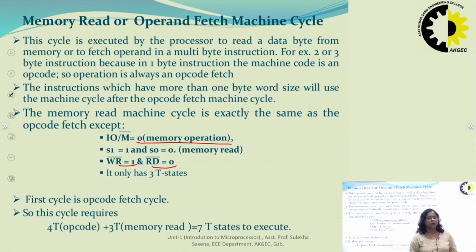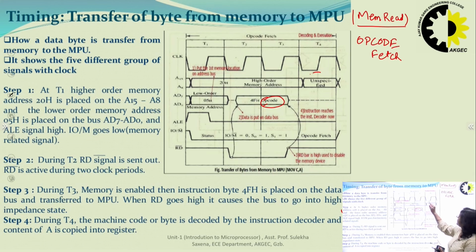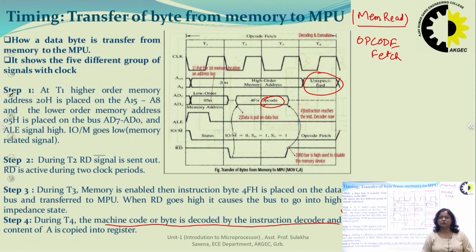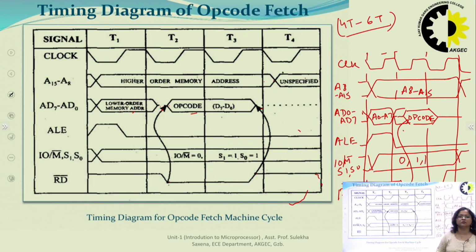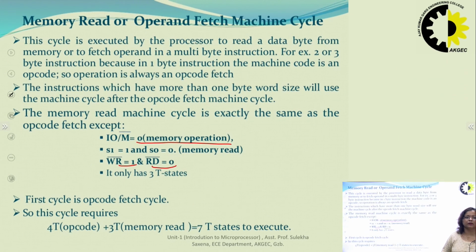The T4 machine cycle, which is there in opcode fetch, is for decoding. In the T4 machine cycle, the machine code or byte is decoded by the instruction decoder. But in the case of data, there is no decoding operation, so the T4 machine cycle is not required. Hence, except for opcode fetch, all the other data read or write operations from memory or IO are of 3 states only.